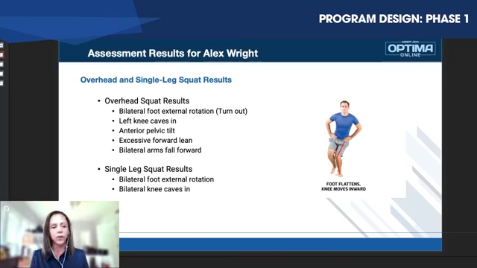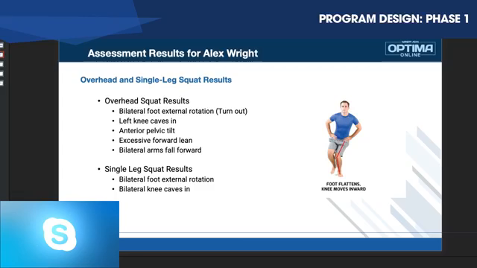Again, because both knees caved in, we want to think about what causes the knees to cave in. All right, you back? When we think about the foot turning out, that's why we think about the lateral gastroc and the knee caving in. One of the main complexes that pull the knee inward would be the adductor complex. So because it is on both knees, we would do bilateral rolling of the adductors.